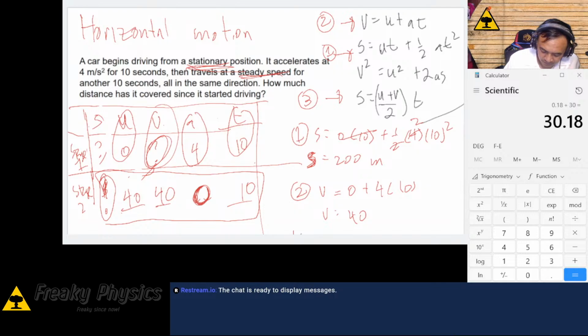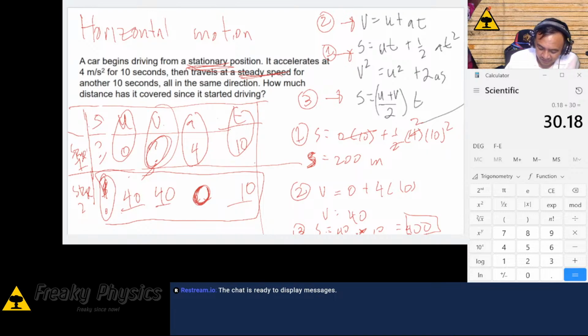So for 3, that's basically going to be 40 plus 40 divided by 2, which is still 40, times 10. So s is equal to 40 times 10, and that's going to give us 400 meters.